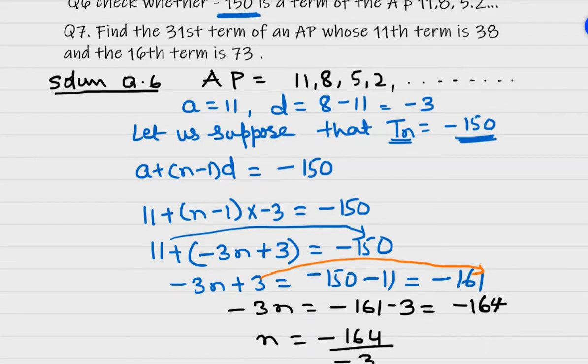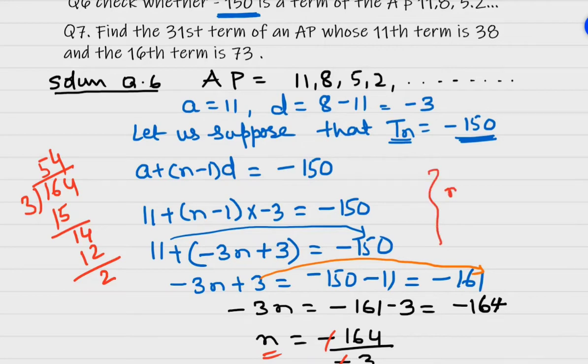Now let us cancel minus minus and see what we get for 164 divided by 3. 3 5s are 15, 1 4 14, 3 4s are 12, left 2. That means 164 is not divisible by 3 and your n comes in fraction. n is a fraction.